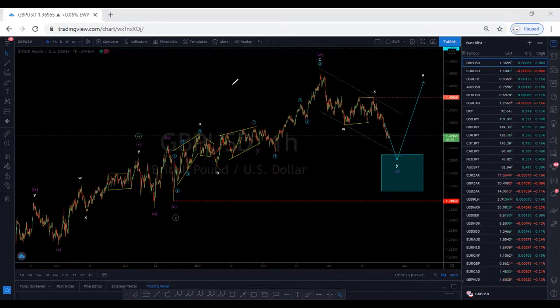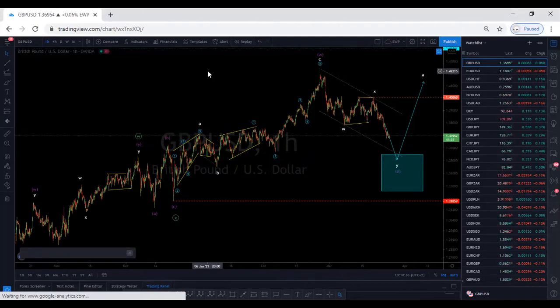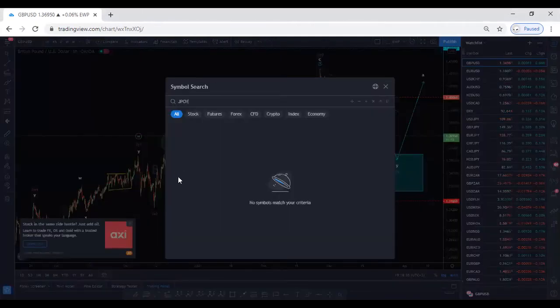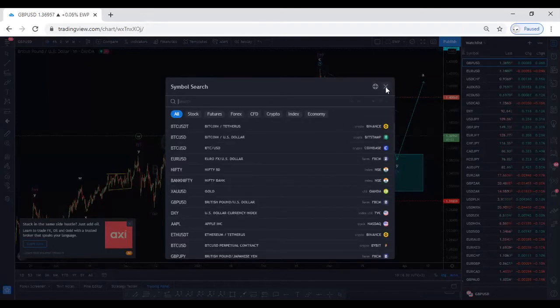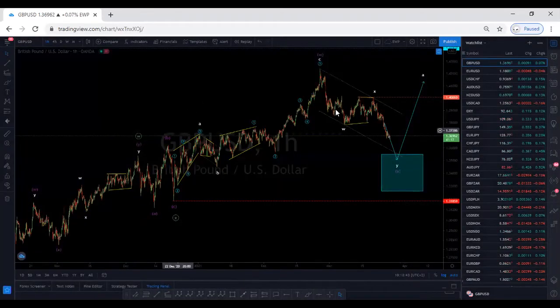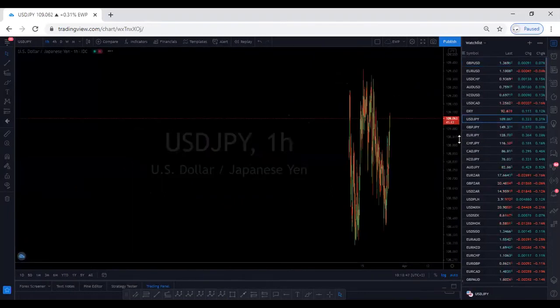Let me clear all this. Let's look at the US dollar JPY. US dollar JPY is not there. US dollar JPY. This is one of the trades that is running.